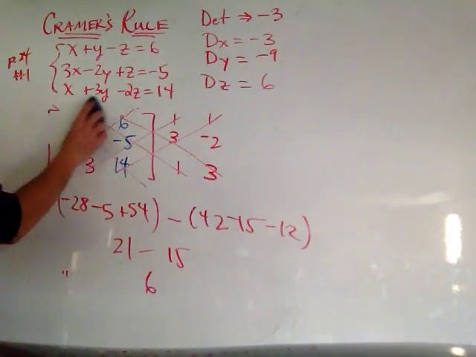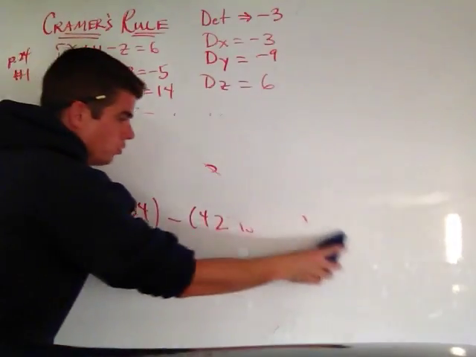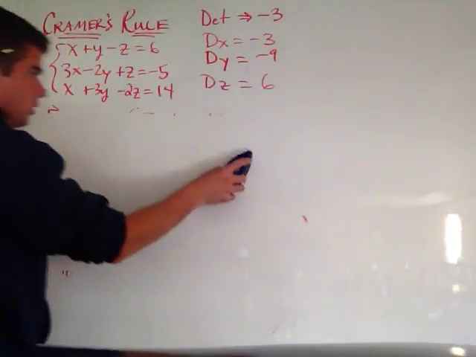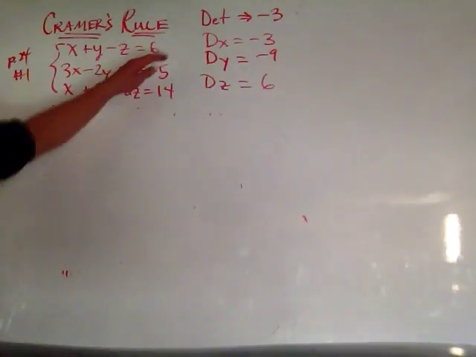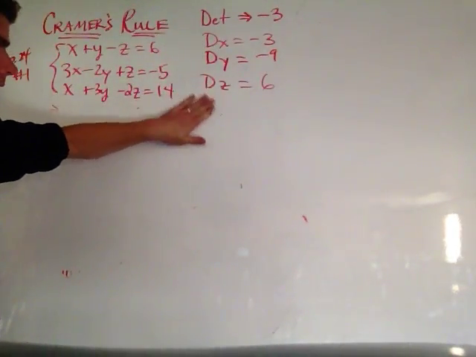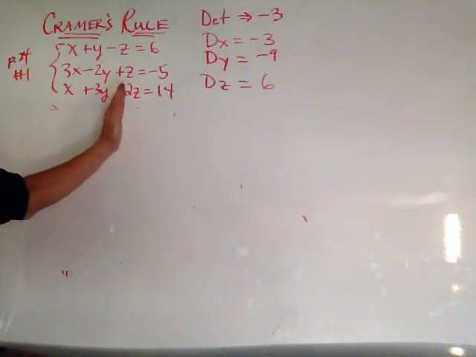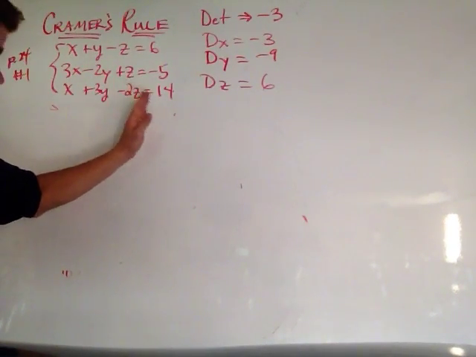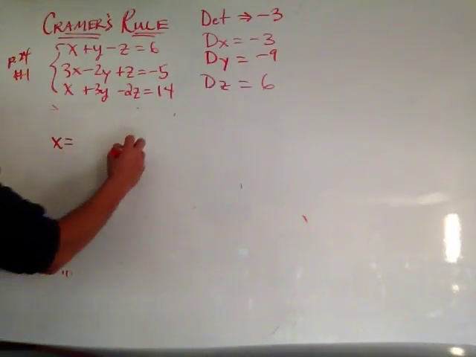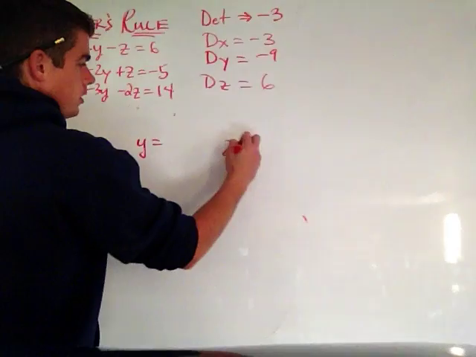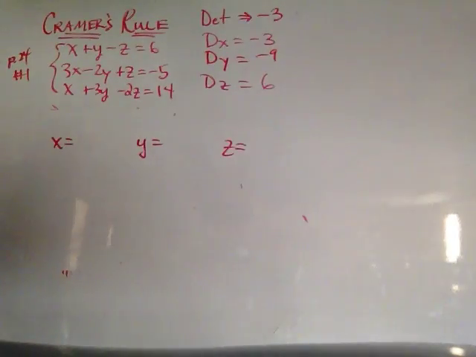Now, this is what Cramer's rule says. Cramer's rule says if you have found the determinant and then you subsequently find the determinant with respect to x, y, and z, in other words, you have replaced each of the columns separately with the solution column and solved them, then your x solution and your y solution and your z solution are obtained by taking the ratio.